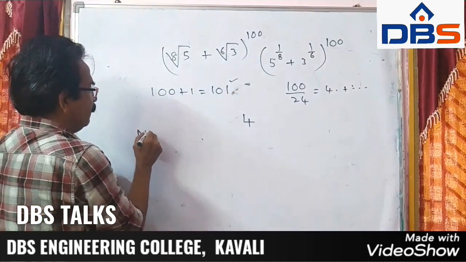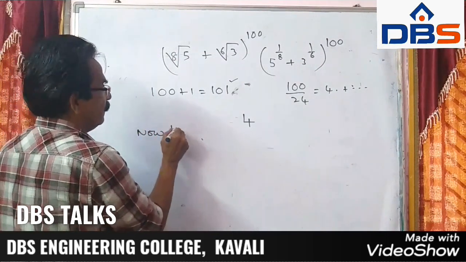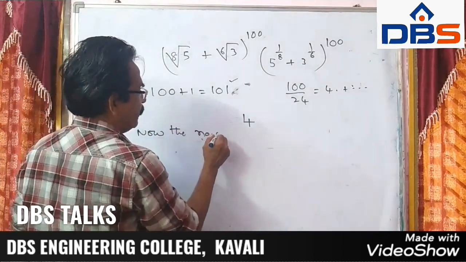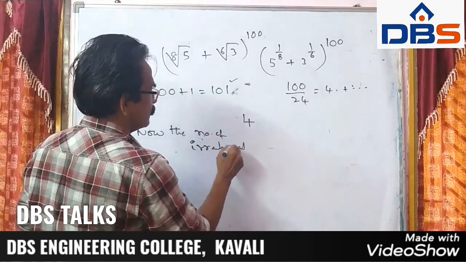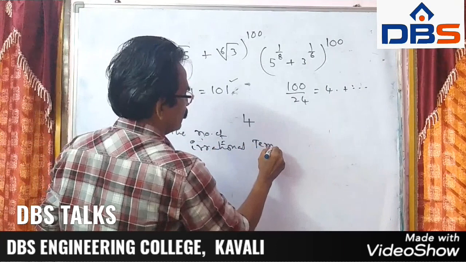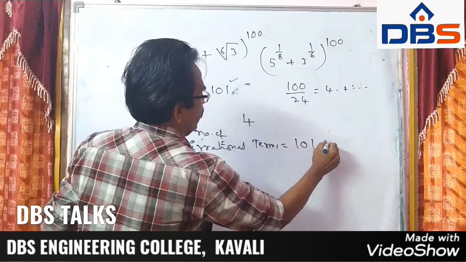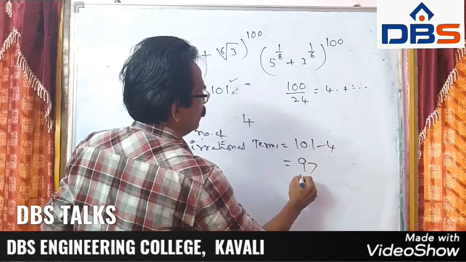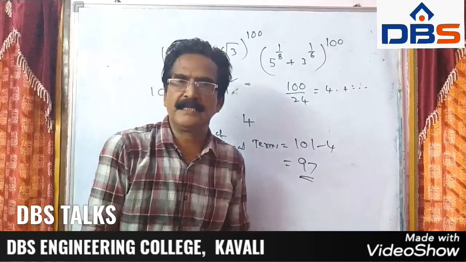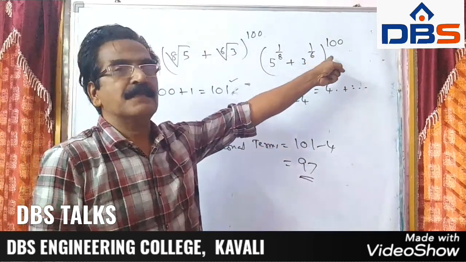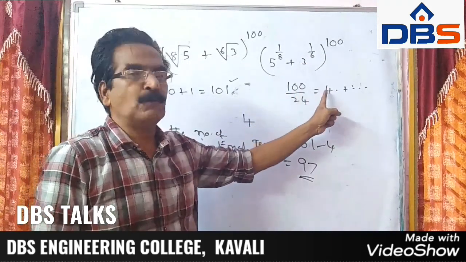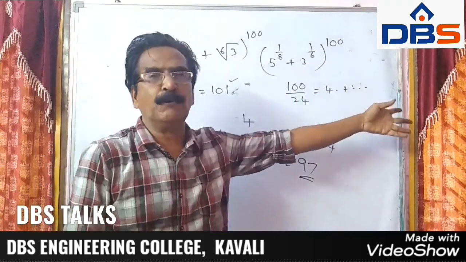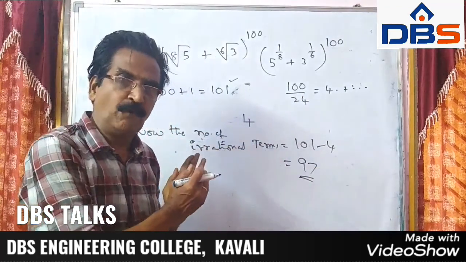Now the number of irrational terms: 101 minus 4, that is equal to 97, friends. Integral terms are 4 only. It is 24 4s only. So we get 4 point something, and we take only 4.